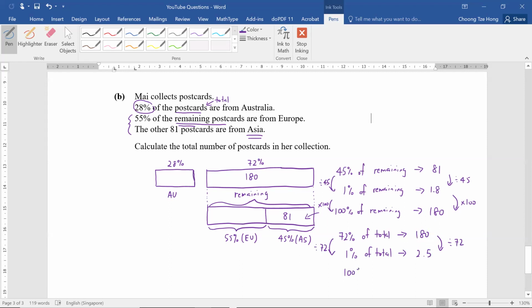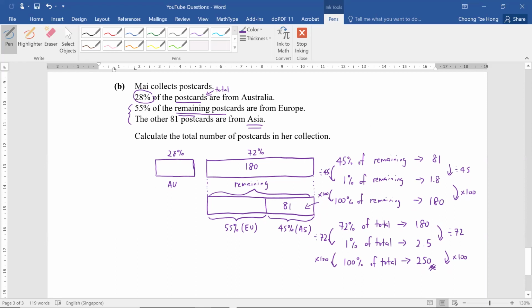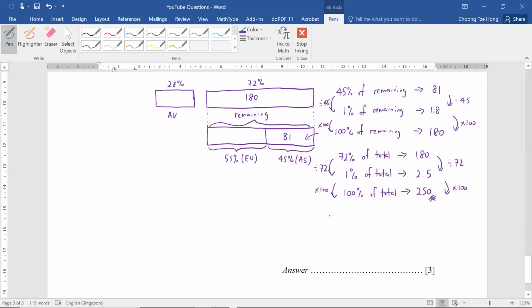Then we will calculate 100% of total, so we multiply by 100 and we get 250. This means that the answer for this question will be 250, because that will be the total number of postcards in the collection.